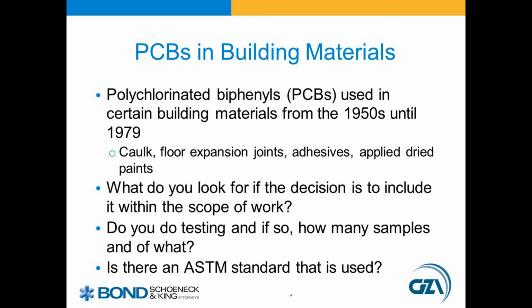PCBs and building materials became an issue starting about 2007 with a report to the effect that the percentage of PCBs in caulking material could be very high, as a result of which there was some sampling of caulk that was done in a Westchester County middle school, in which there were very high levels of PCBs.